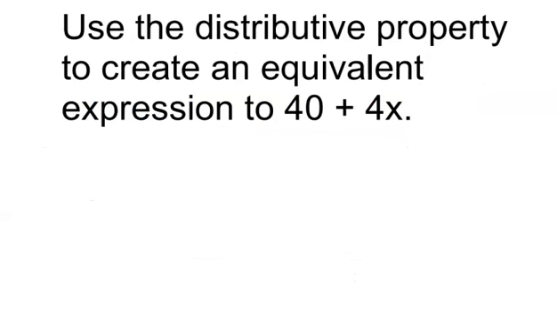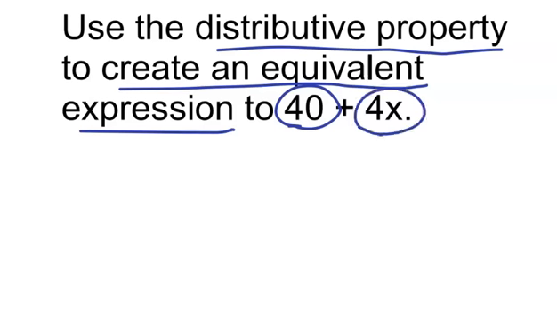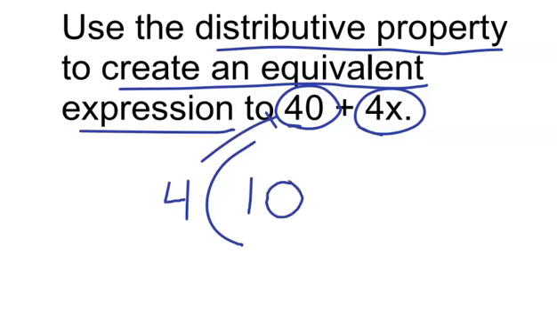All right, so the last one for today is to use the distributive property to create an equivalent expression. Okay, well, what number can we divide into both 40 and 4? Well, obviously 4 goes into both of those, so I'm just going to put that outside the parentheses. Okay, how many times does 4 go into 40? That goes into it 10 times, right? 4 times 10 is 40, plus how many times does 4 go into 4?